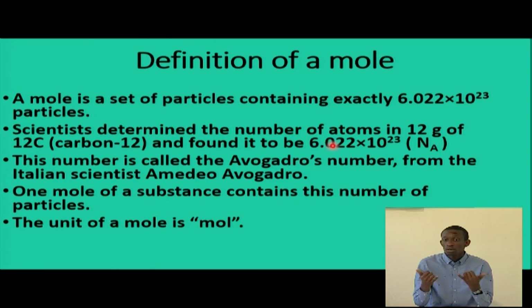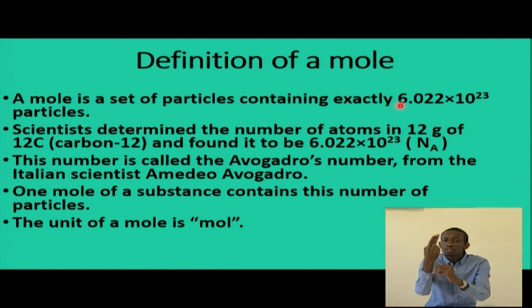Now, we are saying that a mole is a set of particles having a particular number. And what is that number? A mole is a set of particles containing exactly 6.022 times 10 power 23 particles.